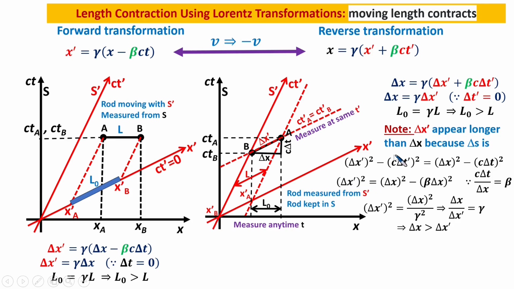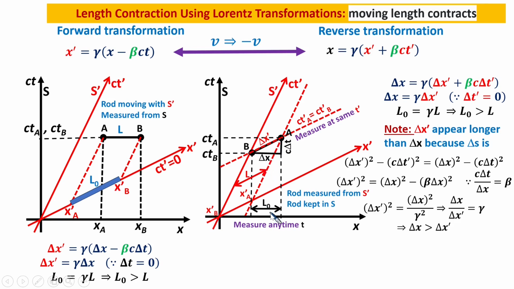If I substitute delta t prime is 0, I get this equal to delta x prime square, and c delta t I can substitute as beta delta x. So I will get delta x square, and taking it common, 1 minus beta square. 1 minus beta square is 1 by gamma square. Taking the square root of this quantity, I get delta x by delta x prime is gamma. So delta x is always greater than delta x prime here, so it looks larger.